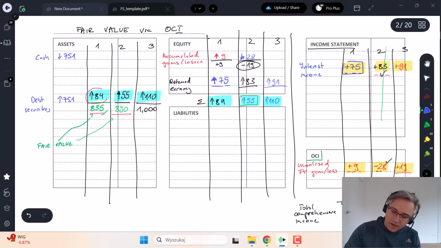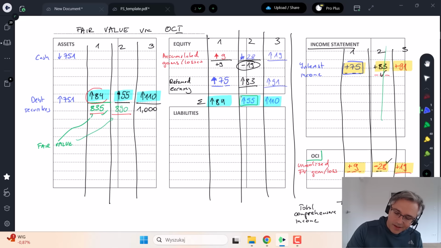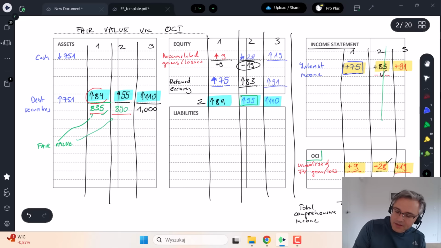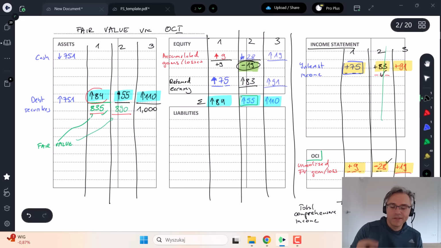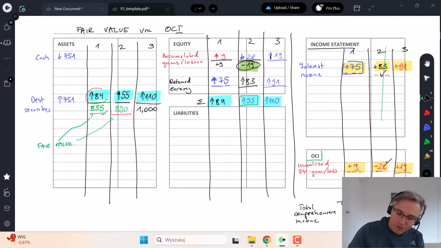And of course, it passes through this accumulated gains or losses line, and because its previous carrying amount, the accumulated unrealized gains or losses, was minus 19, now introducing a positive 19 here resets this down to 0.